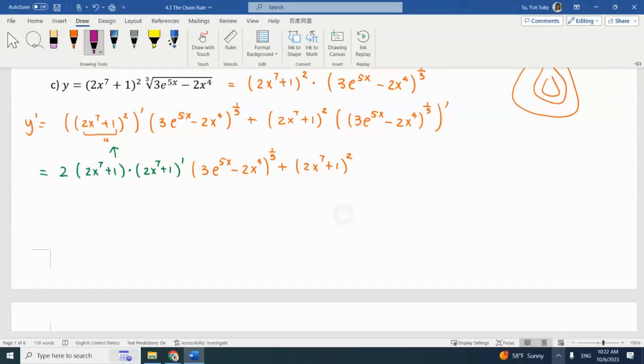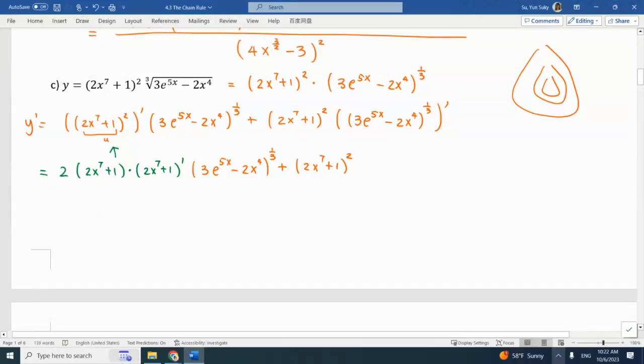Oh, you see here? We have another composite function, right? So this is my other u. What's the derivative of u to the 1/3? Page. Yes, 1/3, and then u. So write down exactly what the u is, to the what power?